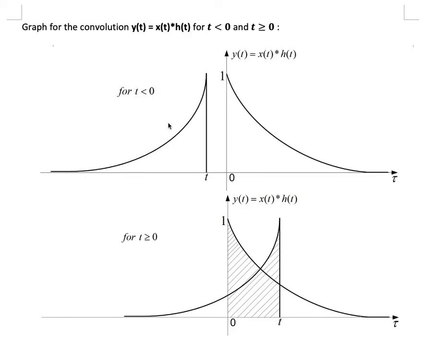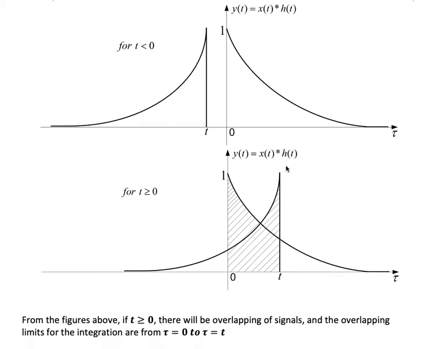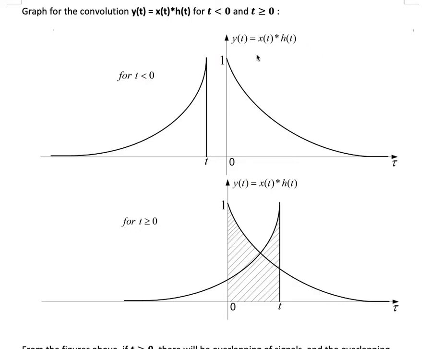You can see h of t minus tau here and the other one, the input signal x of tau, when t is less than 0. Now, what happens when time is more than 0? There is a shift, there is a displacement, and there is something happening here in between. This is called the overlapping.